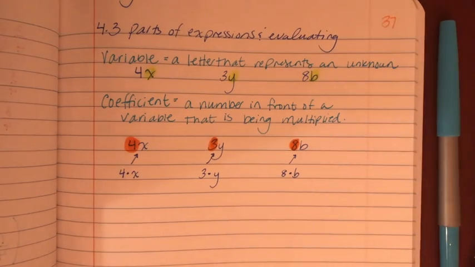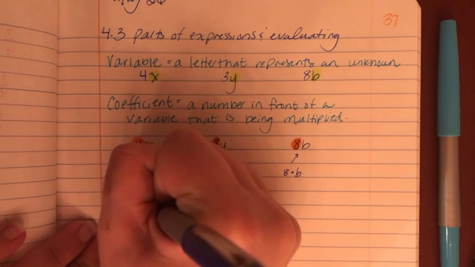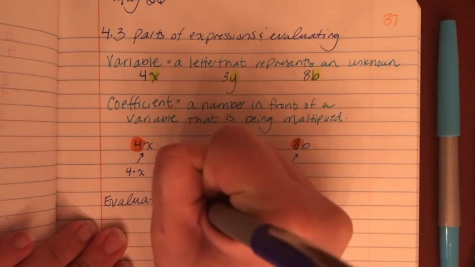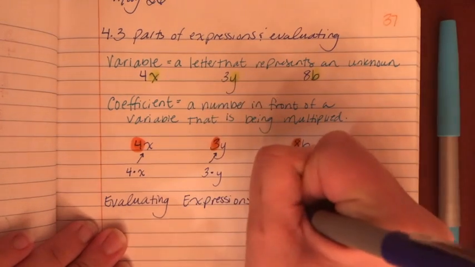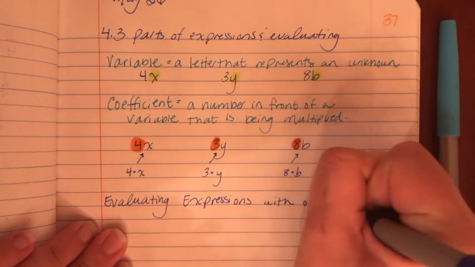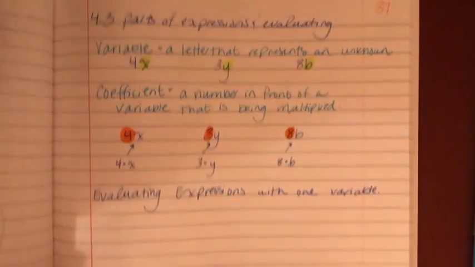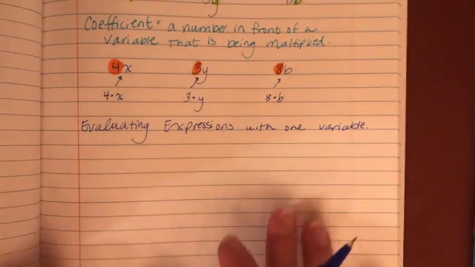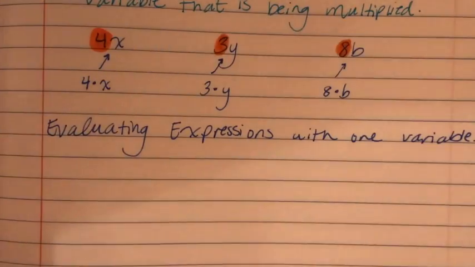And so we're going to move on now to evaluating expressions with one variable. Okay, and I know that this is going to sound tricky, but we're going to start really small and then work our way into more complicated problems.